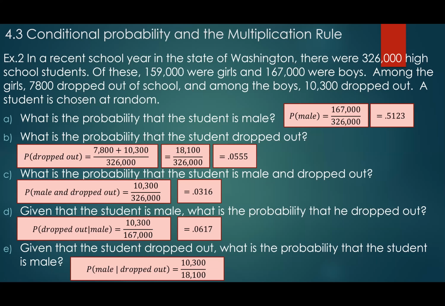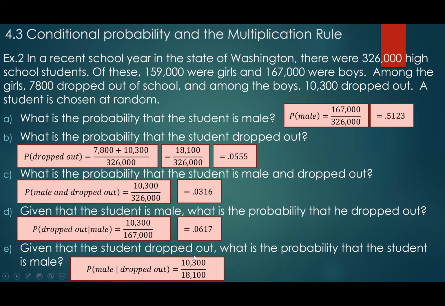I need to take 7,800 plus 10,300. My new total is 18,100. Given that the student dropped out, the total is 18,100, what is the probability the student is a male?